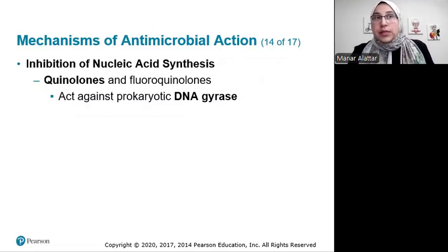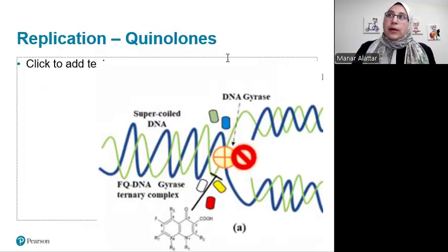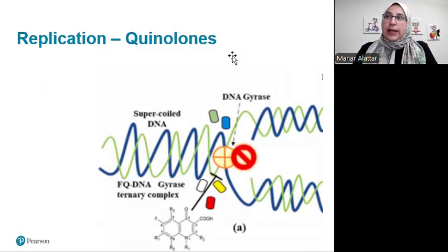Particularly, quinolones inhibit the activity of DNA gyrase. And DNA gyrase, if you remember back to chapter 7, is one of our topoisomerases, which is active in preventing supercoiling of the DNA as it's being replicated. Now, there are some DNA gyrase-like molecules that are also working within transcription. So here's your DNA gyrase.